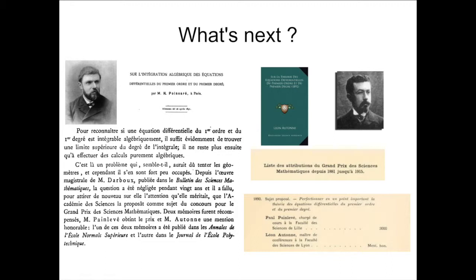He made a comment: to know if a differential equation of first order and first degree is algebraically integrable, which means all solutions are algebraic, it's sufficient to bound the degree of the general solution. Because if you have an a priori bound for the degree of the general solution, then you can reduce the problem to algebraic computations, and the problem is solved.